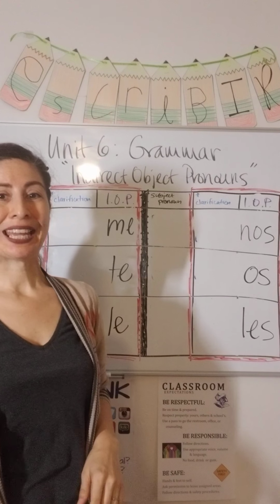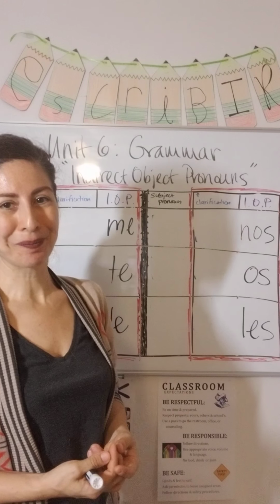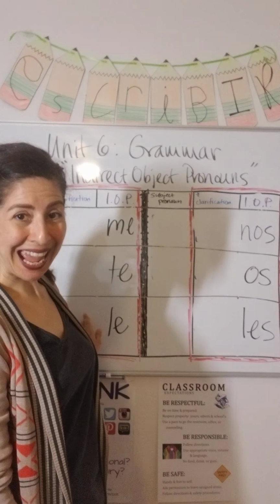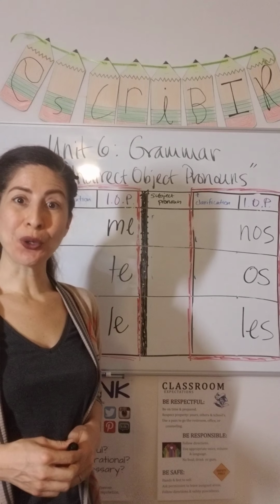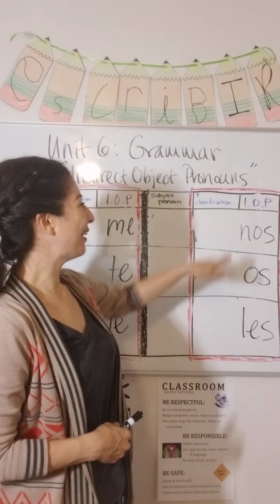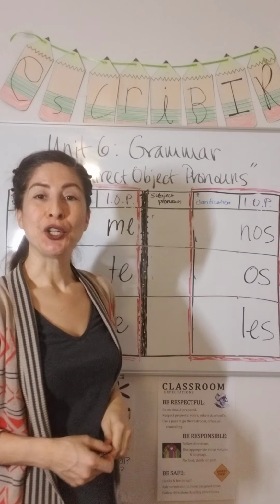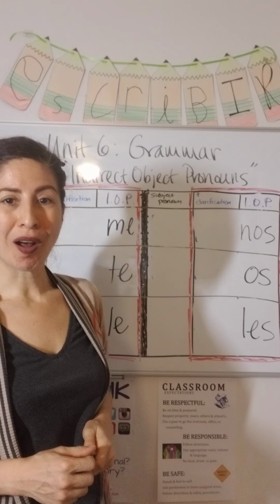Te, if you happen to catch the ball. Le, if it's he or she or you formal catching the ball. And then it's going to be nos if a group of us catches the ball.